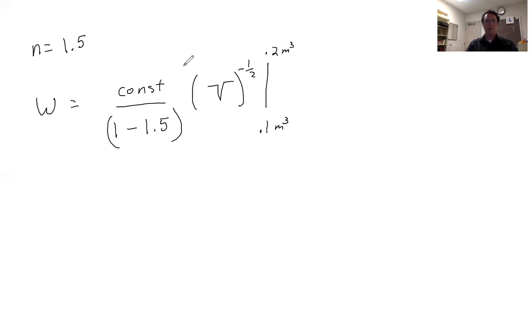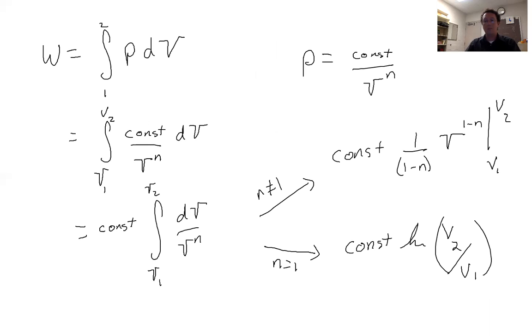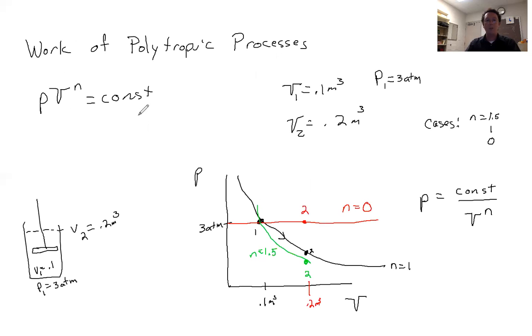Now I have to figure out this constant, and I don't know anything about it because it doesn't usually have any obvious physical interpretation. So all I can do is see where it was first defined. I remember it was first defined in our formula for the polytropic process. It's that same constant.